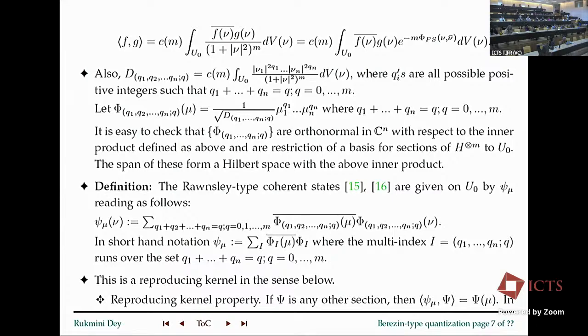And moreover, the resolution of identity should be satisfied and the reproducing kernel should exist, with complex parameters, I believe mu. So it is the generalized version. And of course, it should be related with some algebra, because you have the sum of Q1 through Qn equal to Q, so it should be related with the SU(N) algebra, something like that. I am not sure.